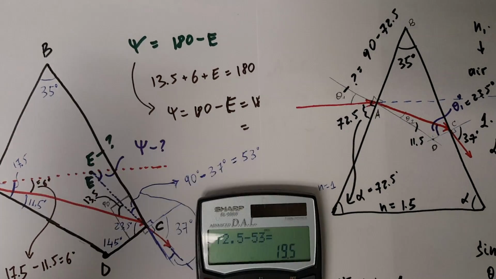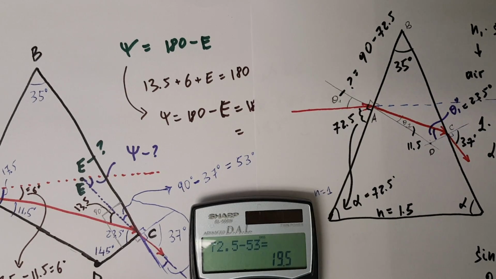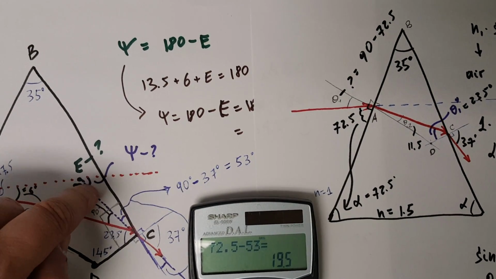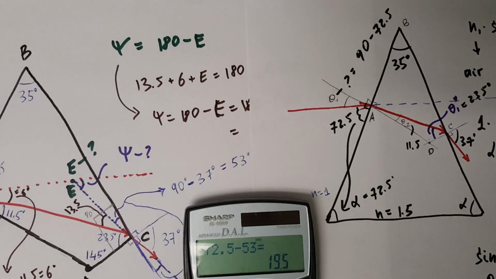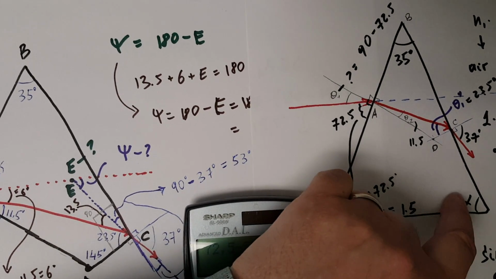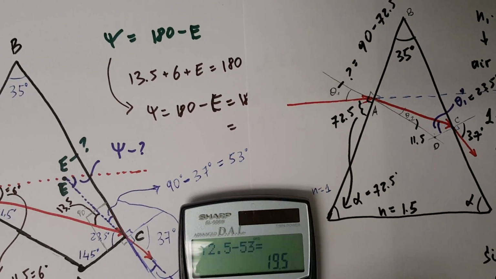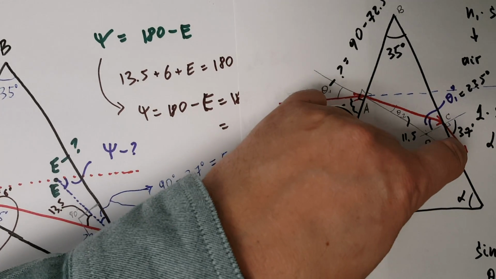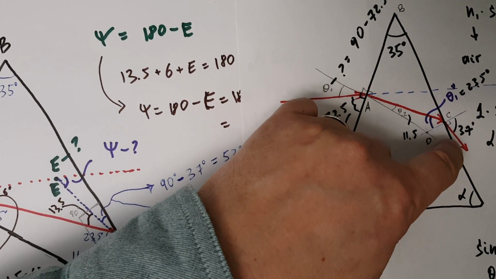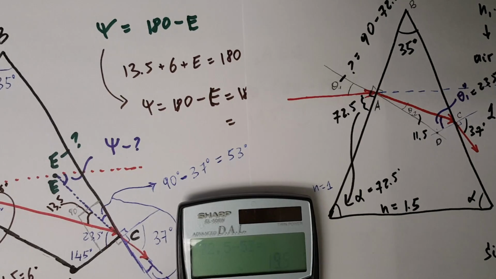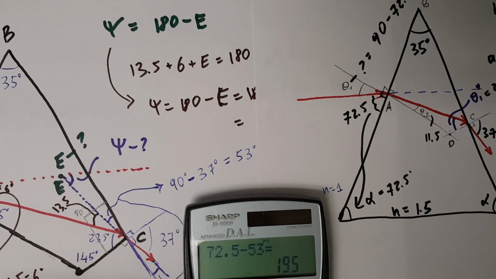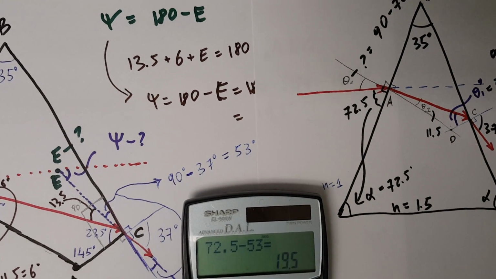In fact, anybody who likes algebra can prove that the deflection angle will be equal to the difference between the base angle and this angle, which has no name, but equals 53 in our example. 72.5 minus 53, 19.5.